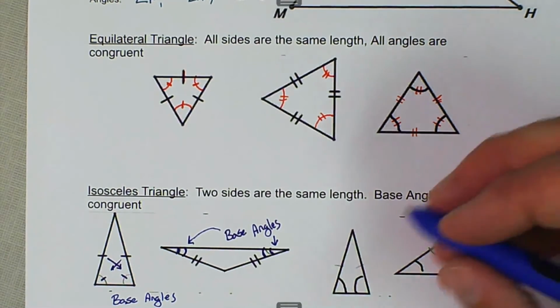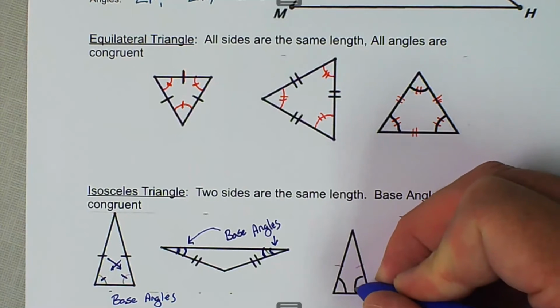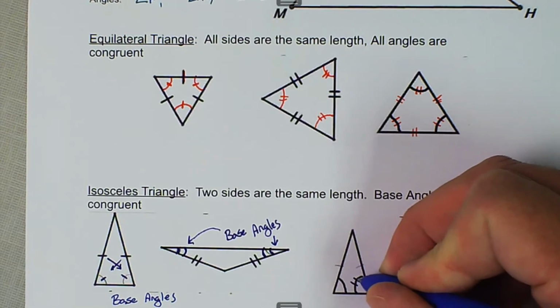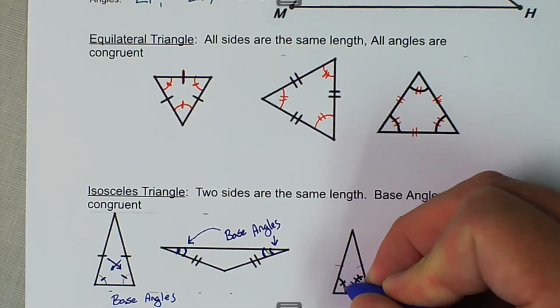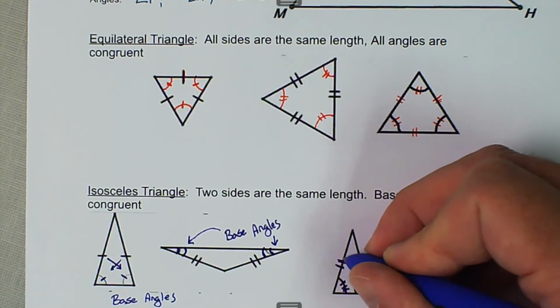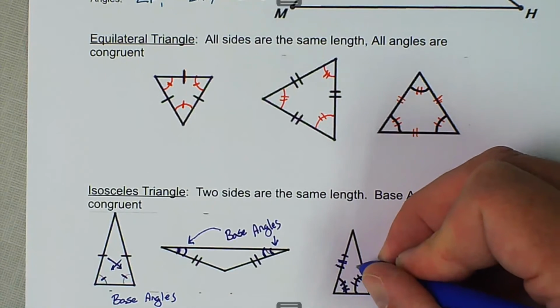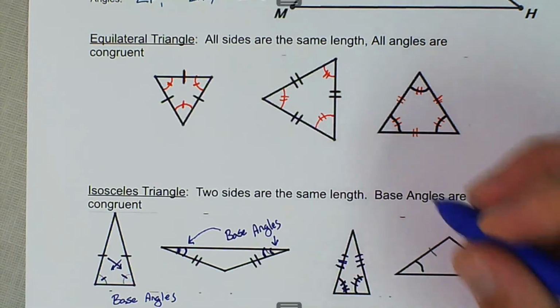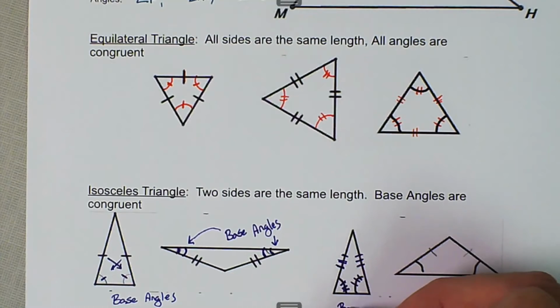Then we have another example, and this one doesn't have the marks, but I'm going to add it. I'll put 3 here and 3 here. So if this has 3, then I'm going to put 3 on the opposite side. So 3 on the opposite side and 3 on the opposite side. And so these are our base angles.